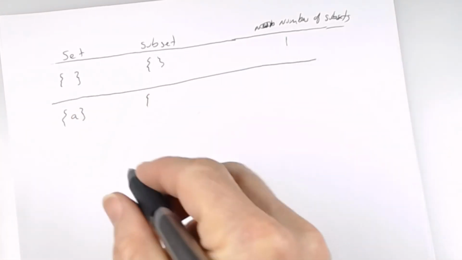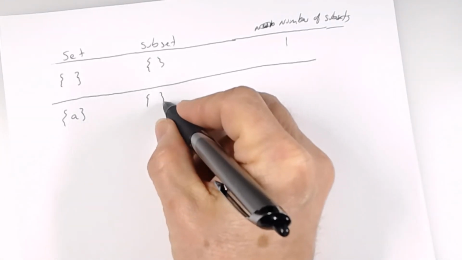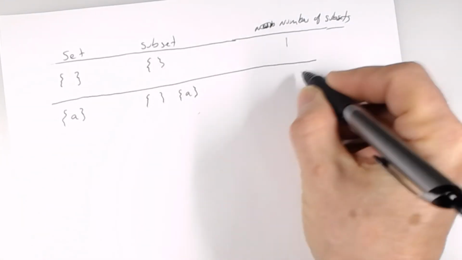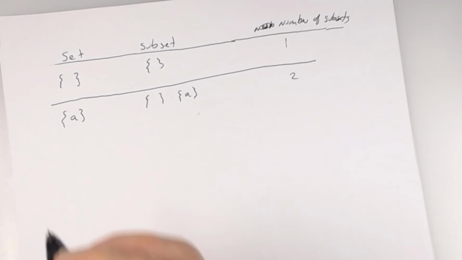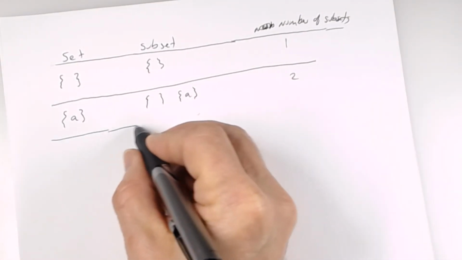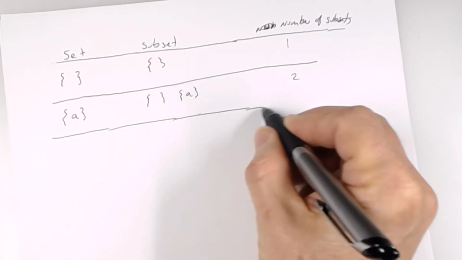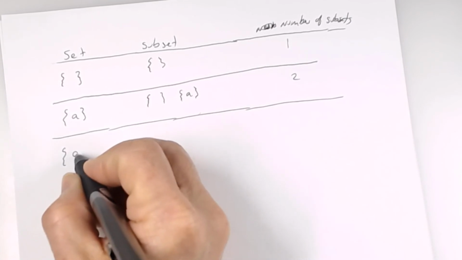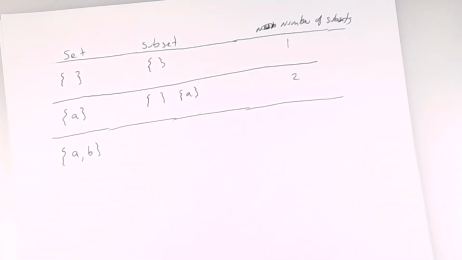You have the empty set and you have itself. So that's two, right? What if you had this? Based on what he said, he's thinking there's going to be two just for that one also. True or false? False.